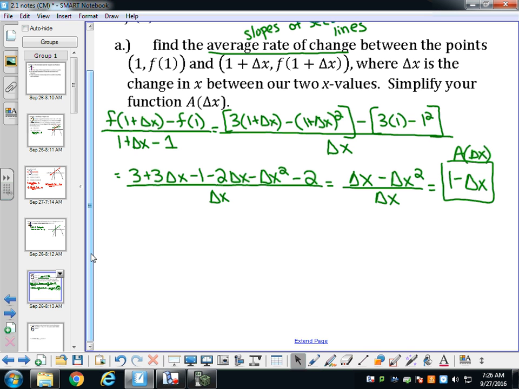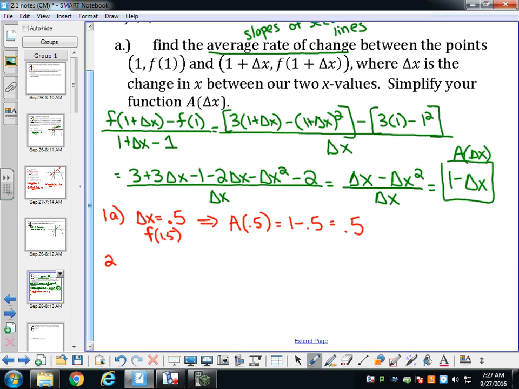So for example, if I go back and think about 1a, if you're letting your delta x equal 0.5, because remember I wanted to find f of 1.5, and 1.5 is a half unit away from 1, then if I plug this in, I end up getting that my a of 0.5 is 1 minus 0.5, so my slope was a half, which is what I calculated before.